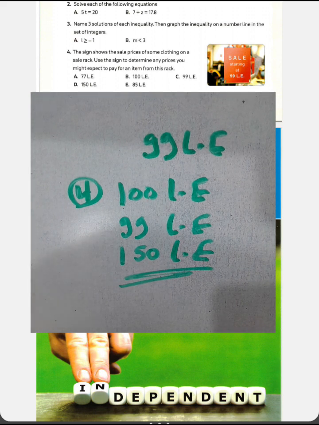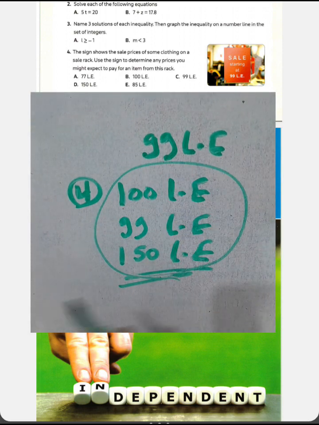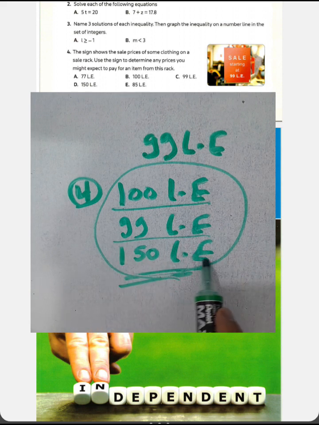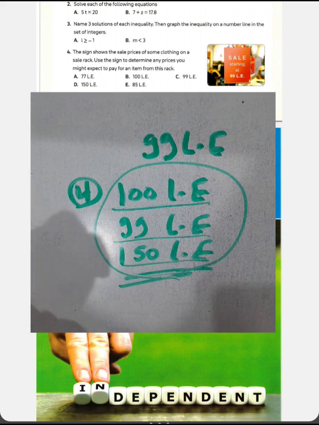Okay, we have the sign showing the sale prices of some clothing on the sale rack. It's a sale, so you can pay 100 Egyptian lira, 99 Egyptian lira, or 150 lira because we have a discount on this clothing sale rack. Okay.